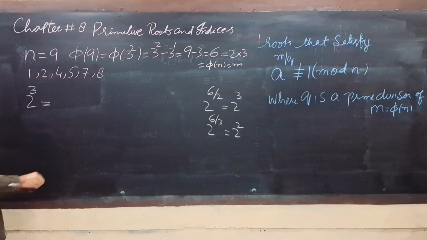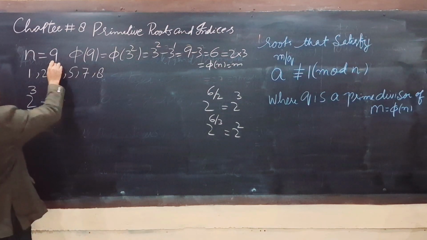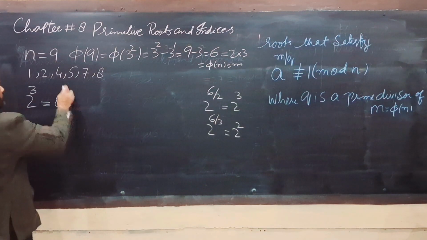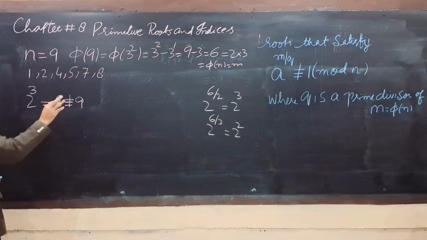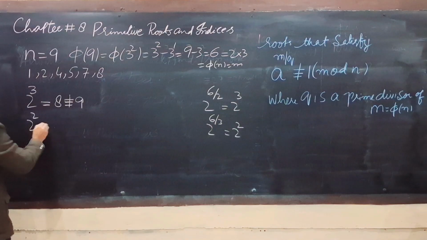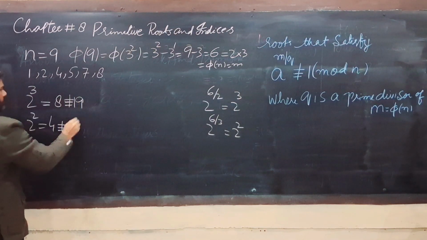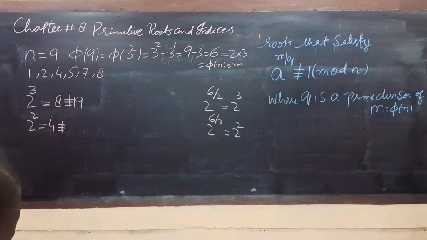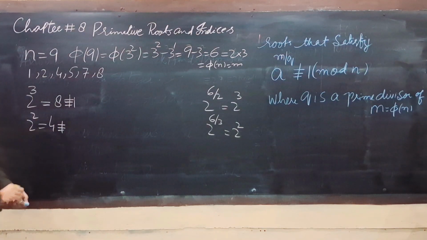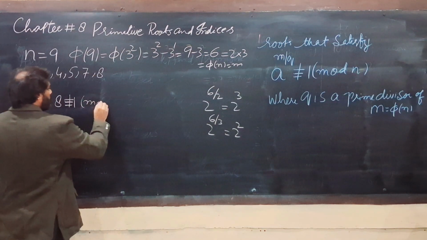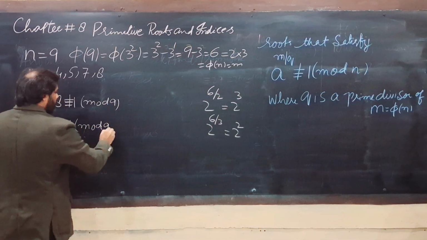What is 2 raised to power 3? This is equal to 8, and 8 is not congruent to 1 modulo 9. Similarly, 2 square is equal to 4, which is also not congruent to 1 modulo 9.